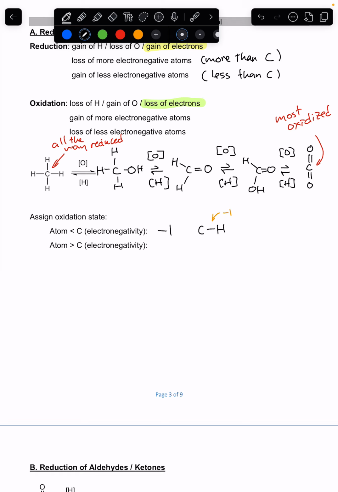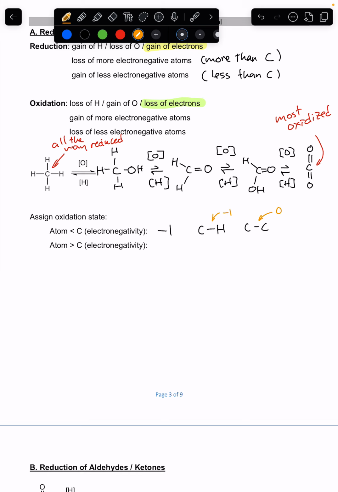It's like gaining electrons when you gain something like hydrogen. And another rule of thumb, if you have a carbon-carbon bond, this is a net 0 oxidation state, no increase or decrease, because carbon atoms have exactly the same electronegativity as each other, and so they just equally share the electrons.